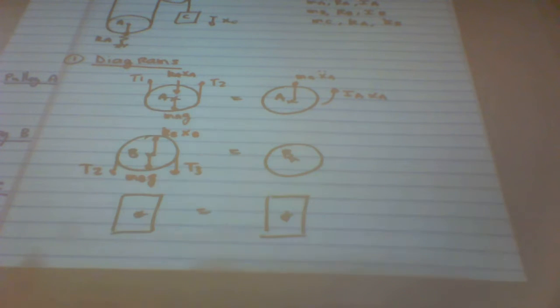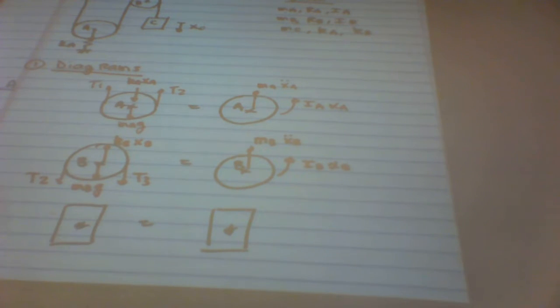Yeah, K sub B X sub B. All right, and yeah, I see the problem here. And M sub B X double dot B, I sub B, alpha B.